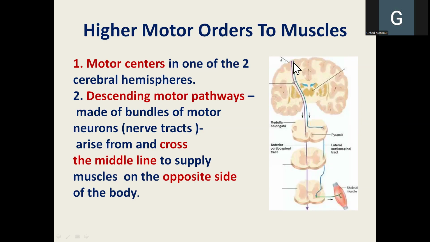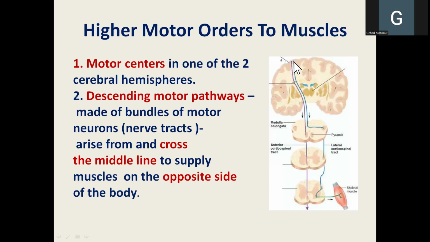So if there is a lesion here in the brain center, what happens? First of all, the lesion can be due to an infarct, a clot, an occlusion of the blood supply, or it might be due to cerebral hemorrhage, for example if the patient has a sudden elevation of the blood pressure, or because of an accidental trauma.